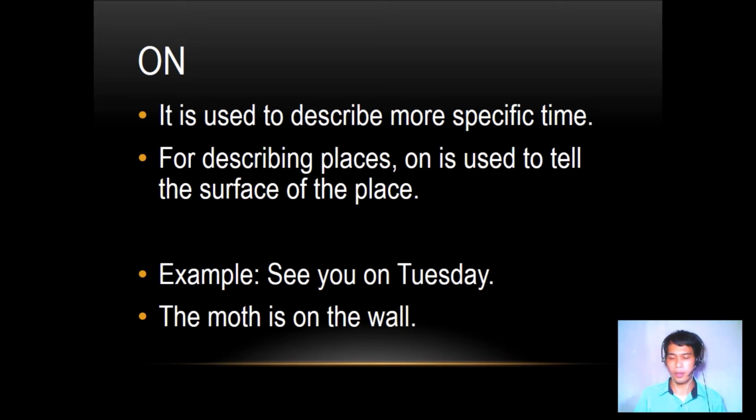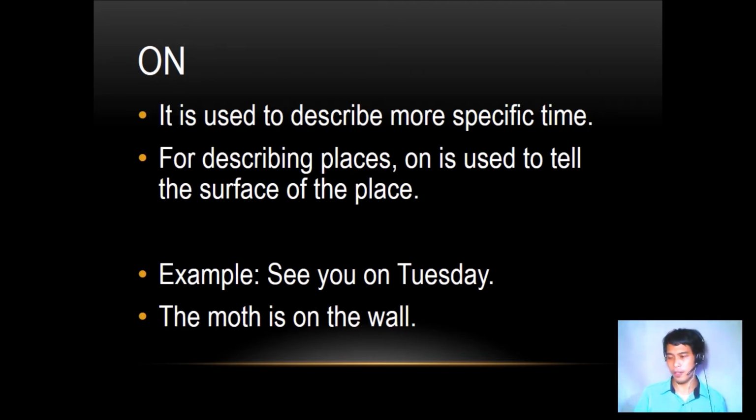On the floor, on the table, on the wall. Another example for place: put that bag on the table, or the milk is spilled on the floor. So that's where you're going to use the word on.